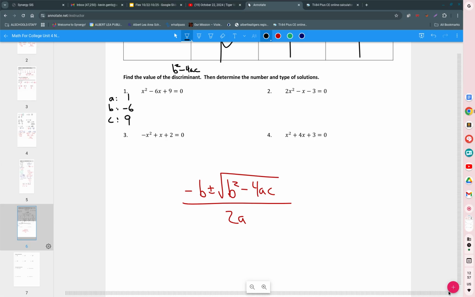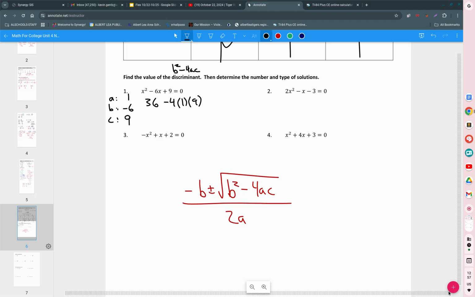So b squared minus 4ac, we will square b. What is negative 6 times negative 6? 36. That number will always be positive. It will never be negative. When you square that, it will always be positive. Minus 4 times a is 1 and c is 9. So how many negative signs do I have? Just 1.